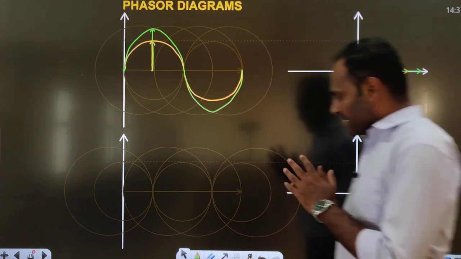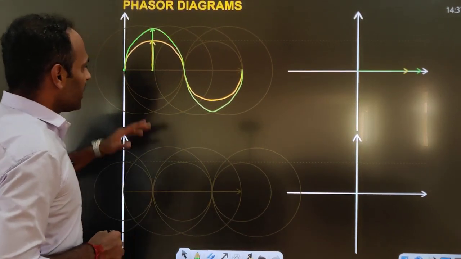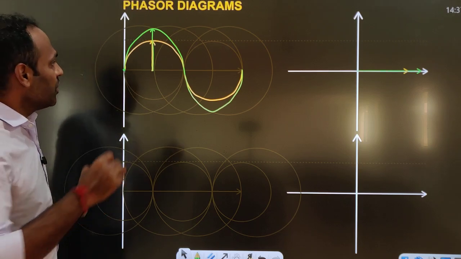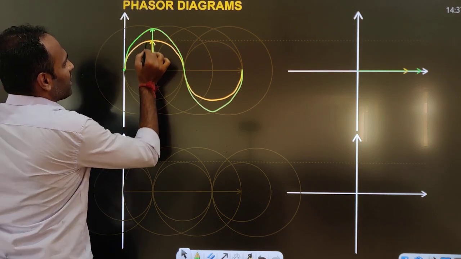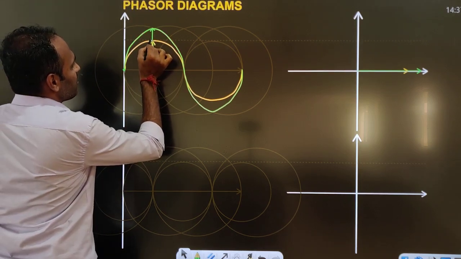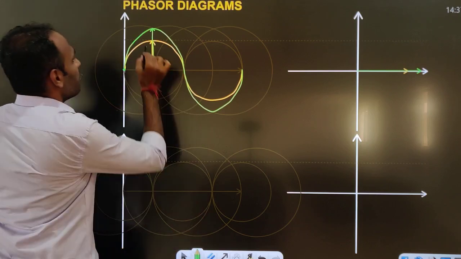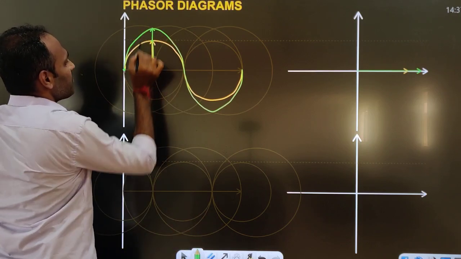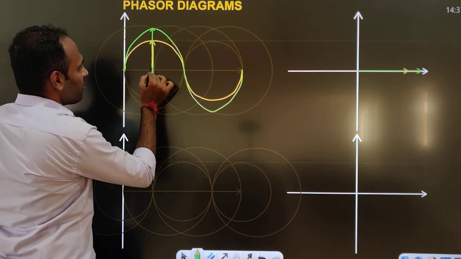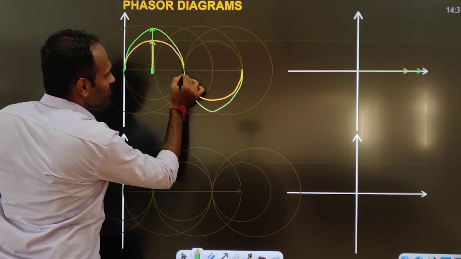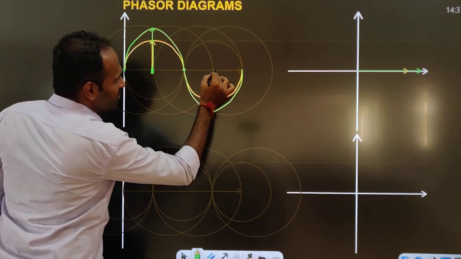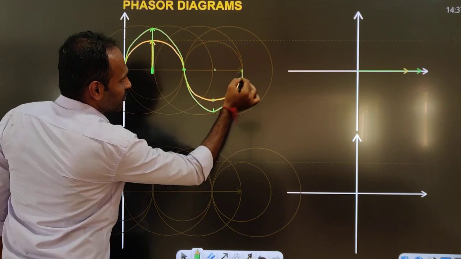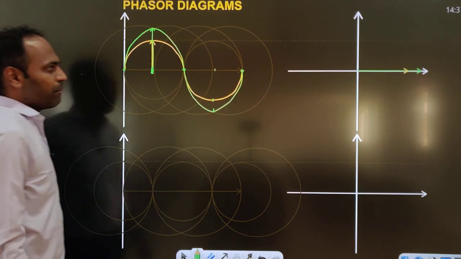Right? Okay. See how these two waves are. Both the waves are reaching their peak values at the same instant. At this instant both of them are reaching the peak value, and at a time they both are reaching the minimum value, the negative maximum value.